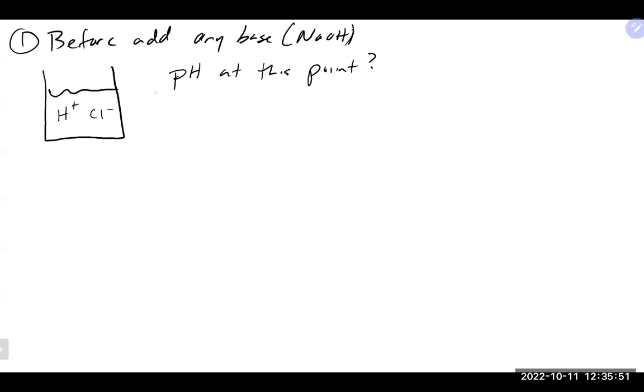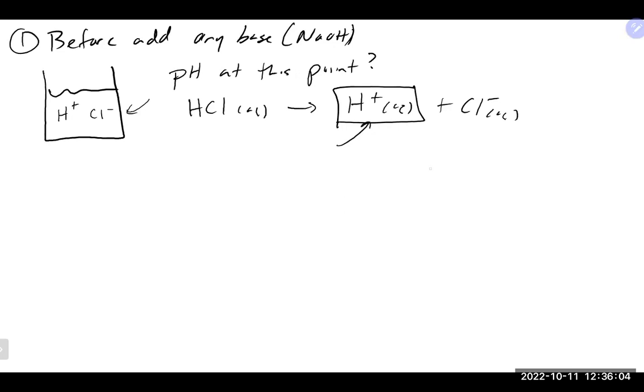Yeah, because it's a strong acid like HCl, it breaks apart 100% into H plus and Cl minus, which means you will know the H plus concentration. So you can go right into the pH equation, pH equals minus the log of the H plus, and that will give you your opening pH.